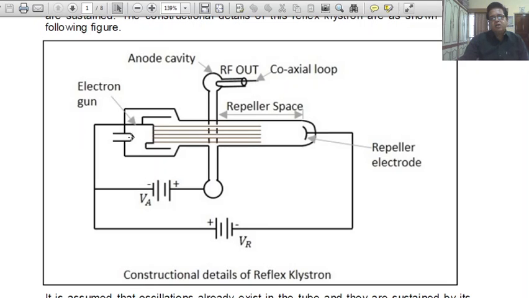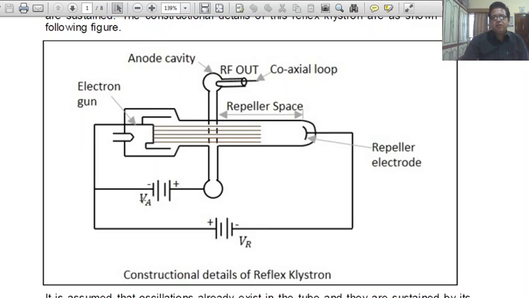Electrons are emitted from the cathode. Here is a cavity, which is known as the anode cavity, and a potential is applied between cathode and anode.